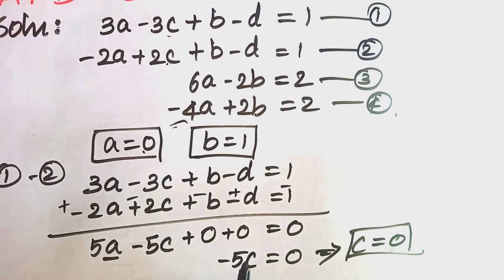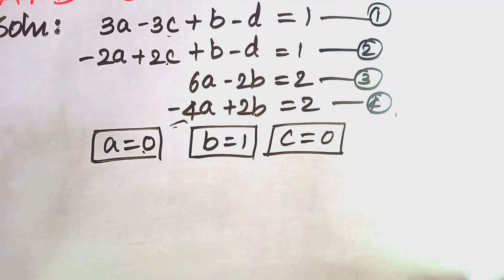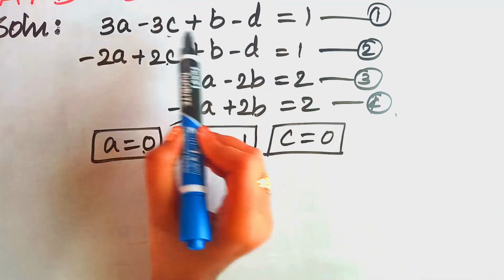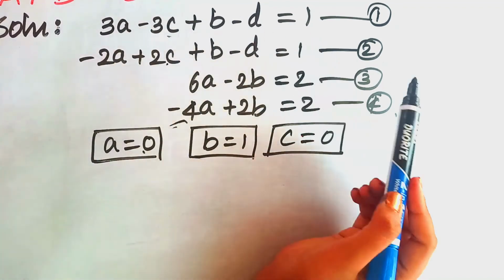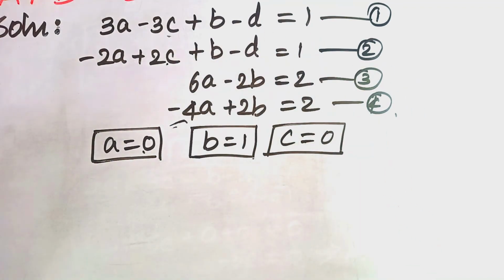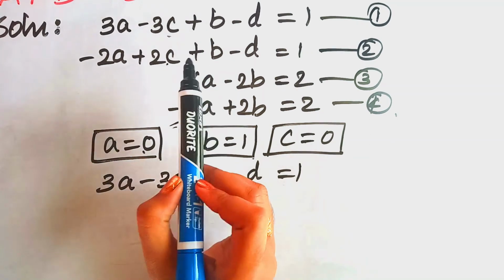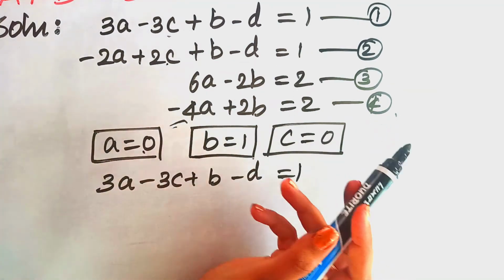Now let's find the value of D by substituting A, B, C in any one of the equations. I am choosing equation 1 because it contains every element A, B, C, D. You can also choose equation 2, it's not a big deal.